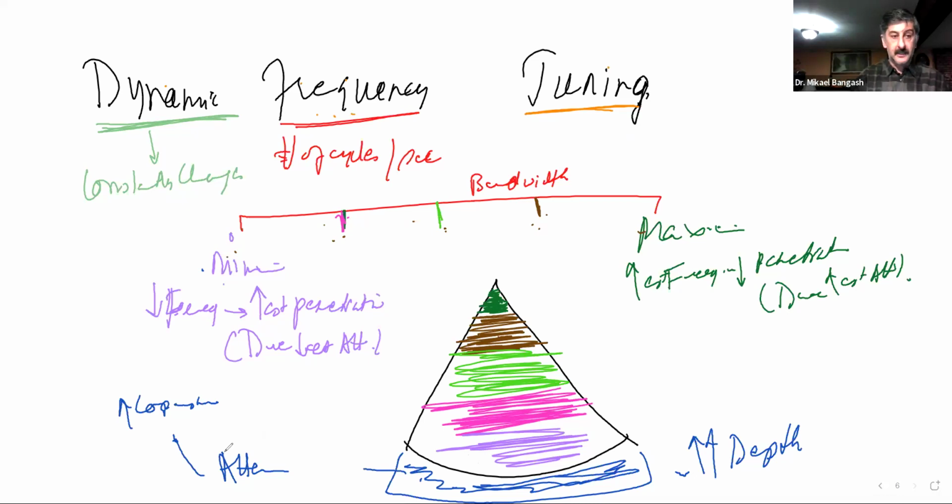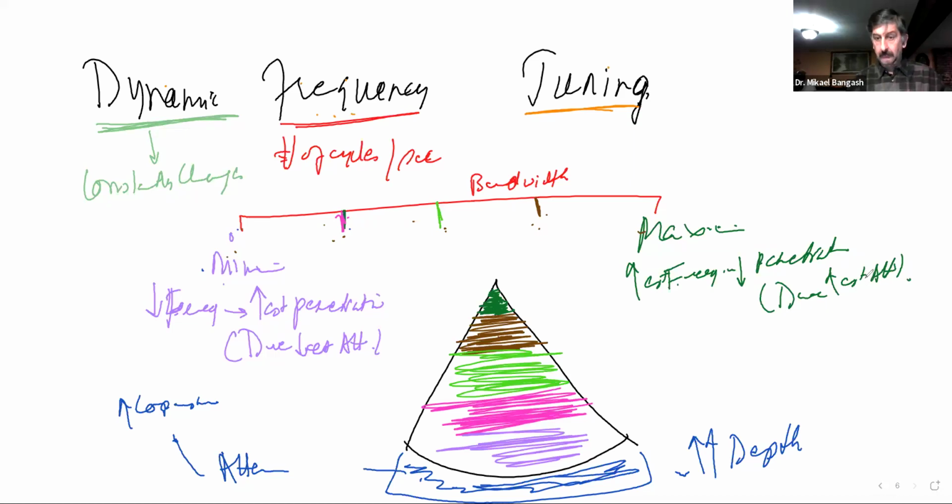But this is mainly what we mean by dynamic frequency tuning: the transducer is constantly sending our frequencies along the bandwidth. The maximum frequency of the bandwidth is only going to be able to travel to shallow depths, because that greater frequency causes less penetration.